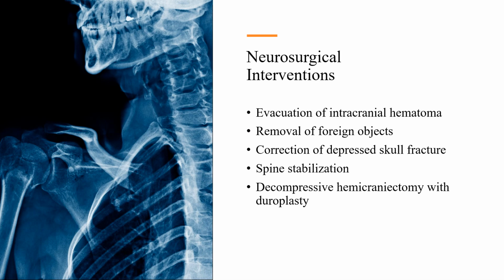Patients with traumatic brain injuries can also go through neurological interventions. I'm not going to read all of these. The one I do need to explain to you is the decompressive hemicraniotomy with duroplasty.